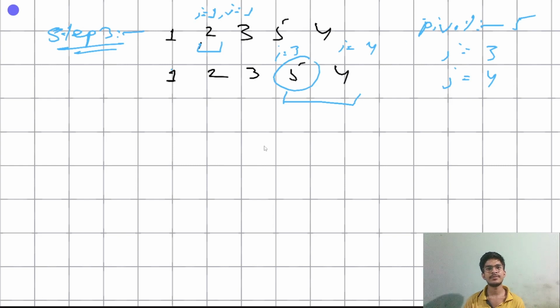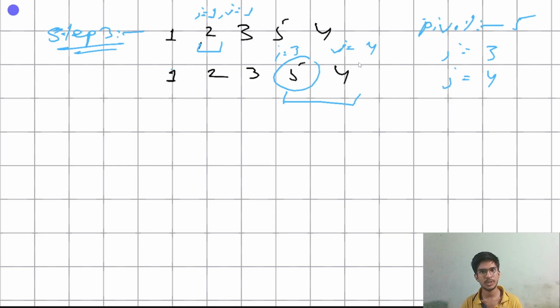Now it will check if 5 is less than 5 on the right side, so 5 is not less than 5, so i stays there. Now for 4 on the right-hand side, it checks whether there is some element less than the pivot 5. Yes, 4 is less than 5.